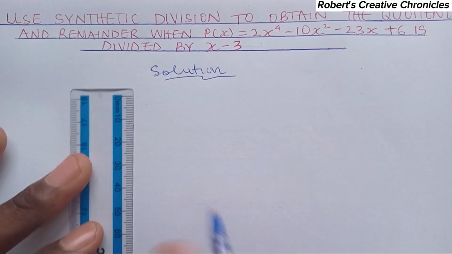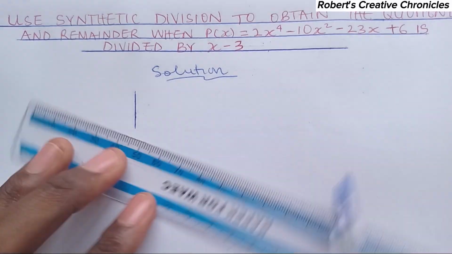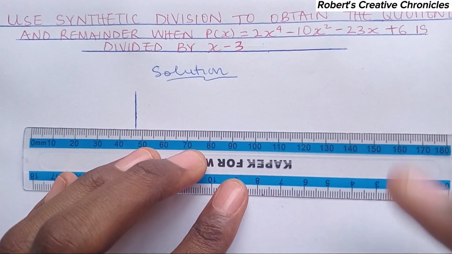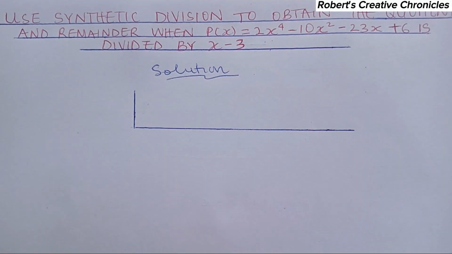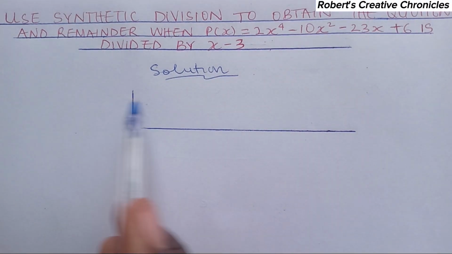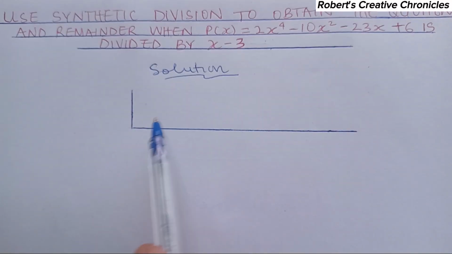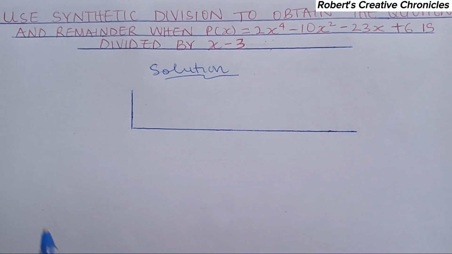So we'll draw this. Now after this, we will equate this to 0 first.